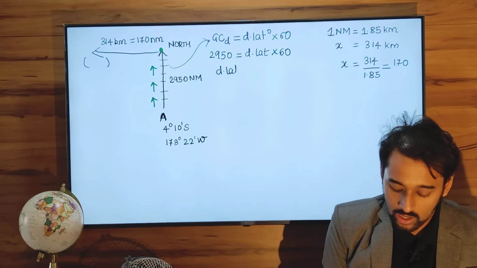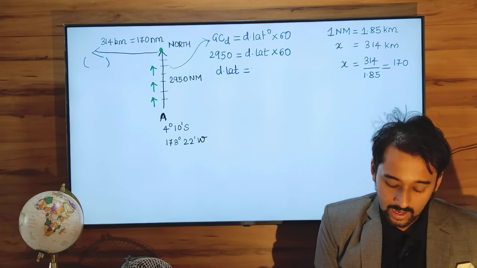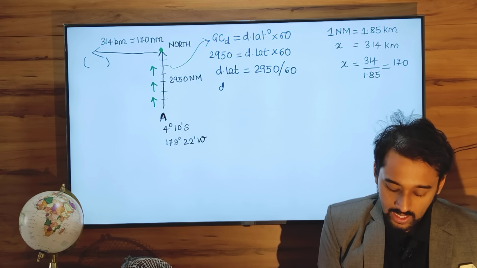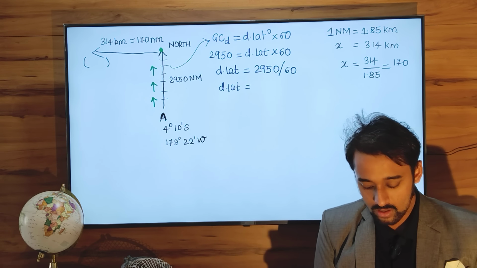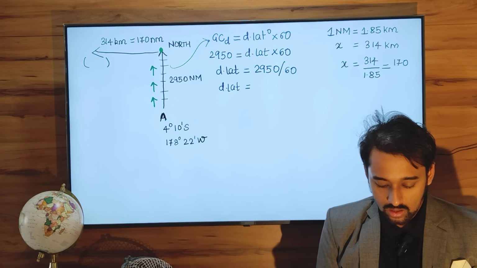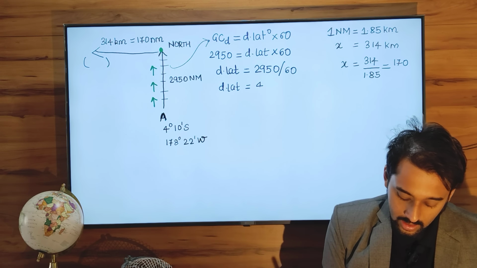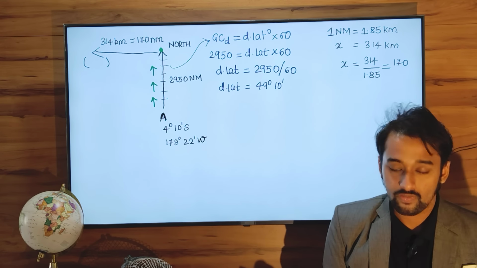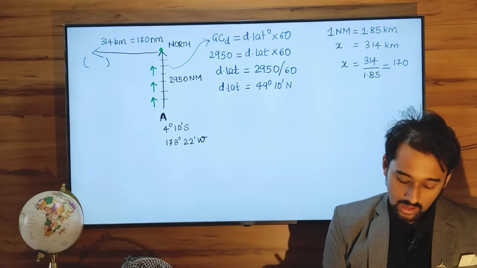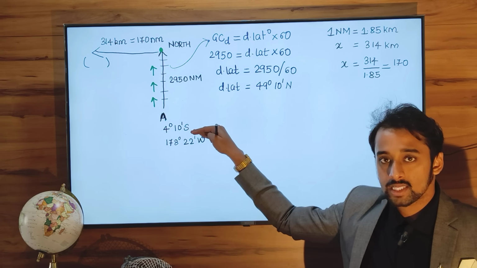D lat is equal to 2950 divided by 60, so D lat will be equal to 49 degree 10 minutes, in the northerly direction, so N. This is your 4 degree 10 minutes south.